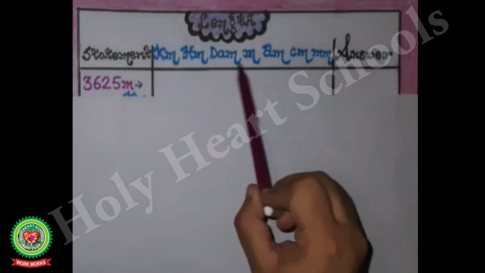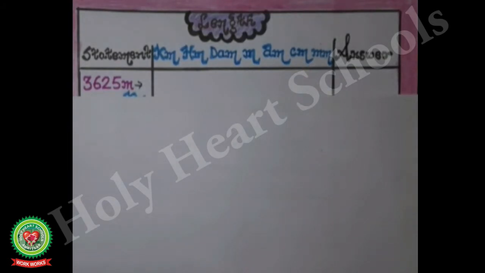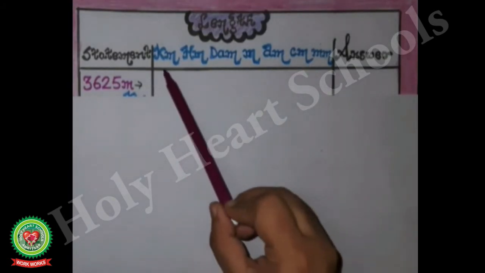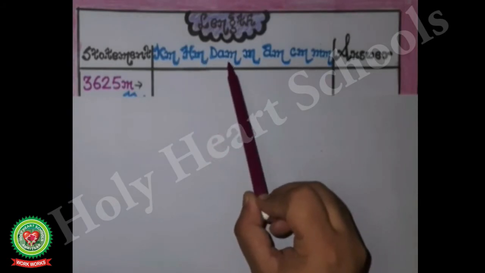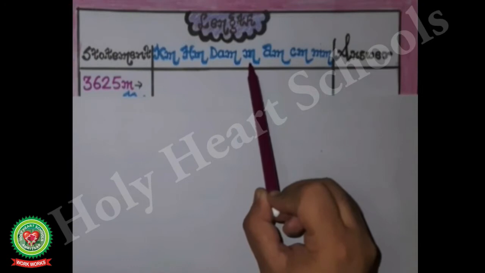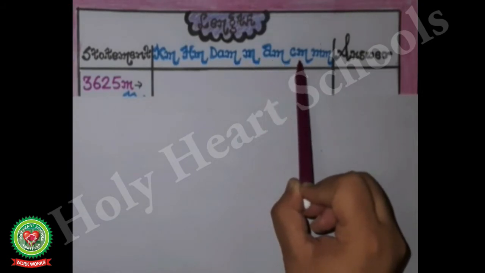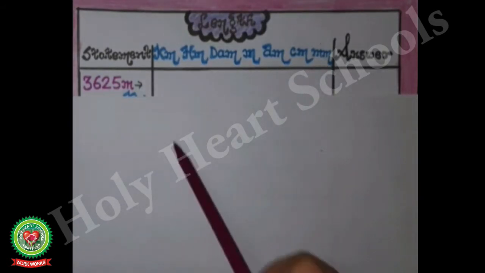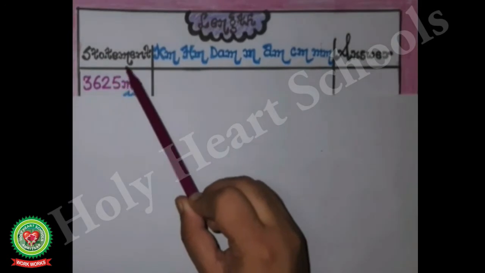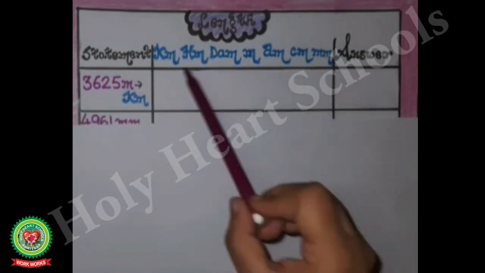And in center, we will write down the place value table of length. That is kilometer, hectometer, decameter, meter, decimeter, centimeter and millimeter.